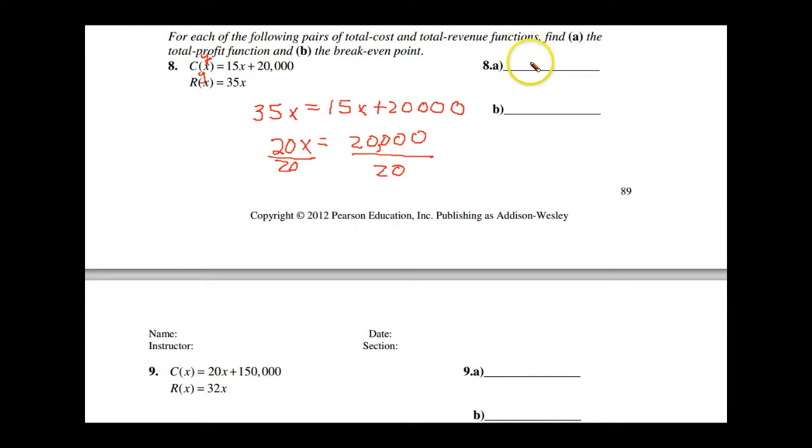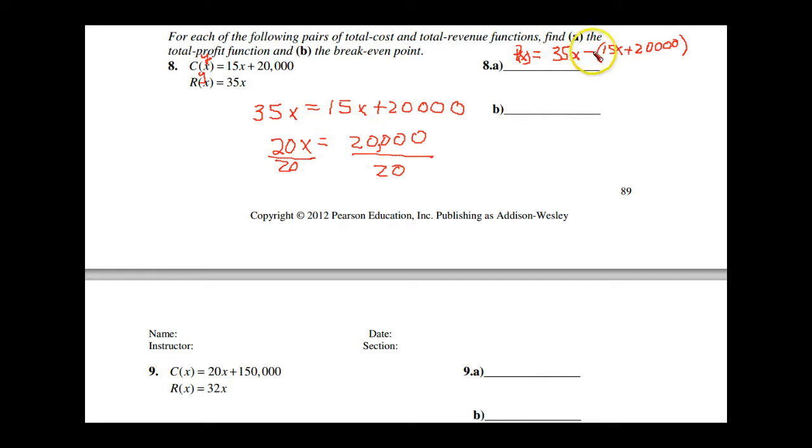Well, the profit function is equal to revenue, which was 35x, minus the cost, which was 15x plus 20,000. That's that formula.